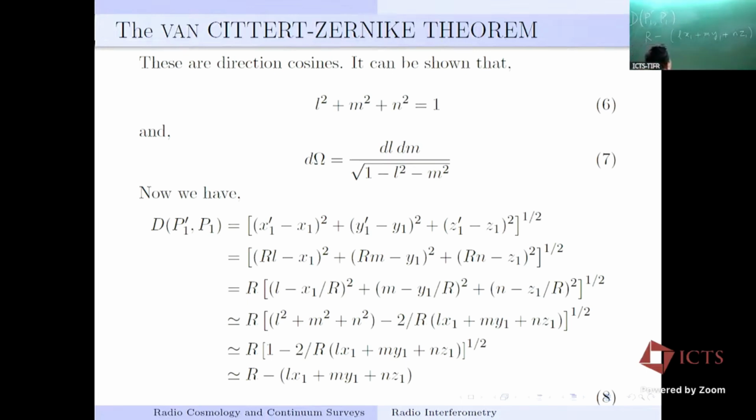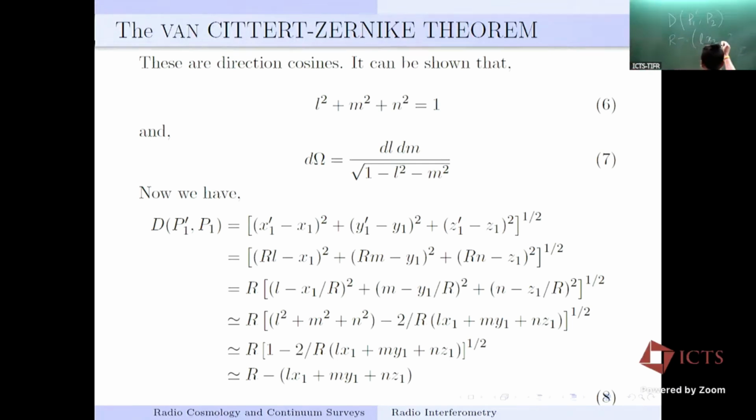Now the distance d between P1 prime, which is the source, and P2, my second antenna. I will get a similar thing: R minus (L into x2 + M into y2 + N into z2). This x1 was the location of antenna 1.